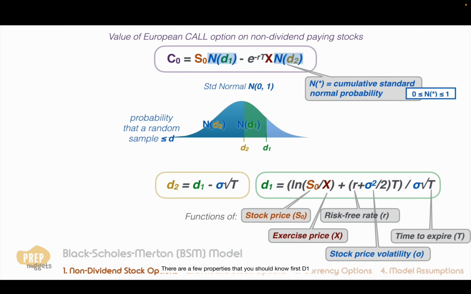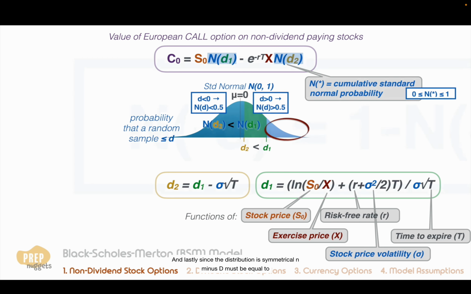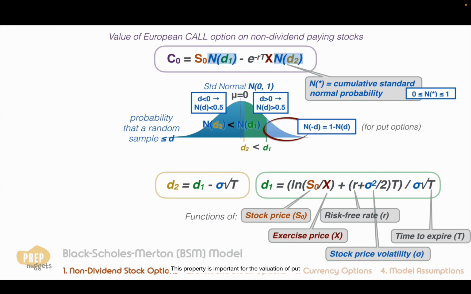There are a few properties that you should know. First, d1 is always greater than d2, so N(d1) must be greater than N(d2). The standard normal distribution has a mean of 0, so if d is greater than 0, N(d) will be greater than 0.5. And lastly, since the distribution is symmetrical, N(-d) must be equal to 1 minus N(d). This property is important for the valuation of put options, which we'll learn later.